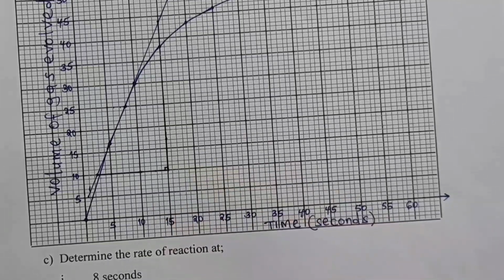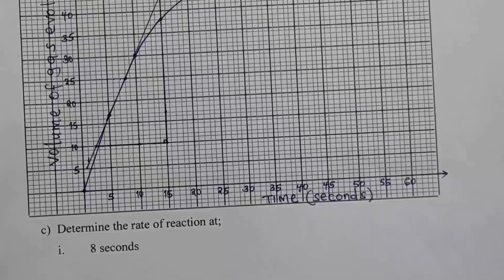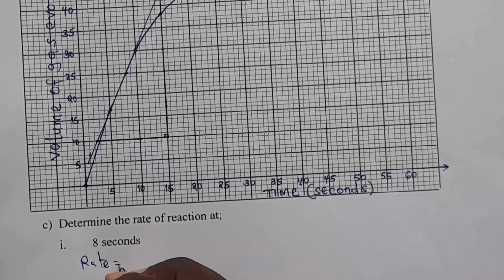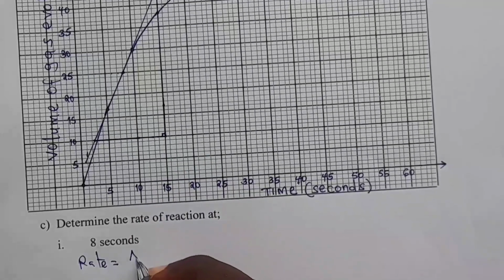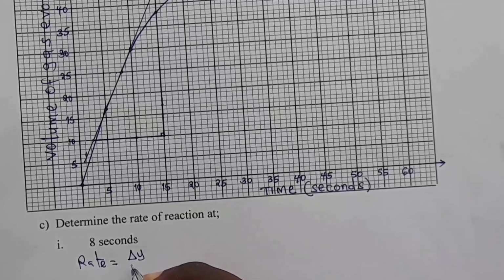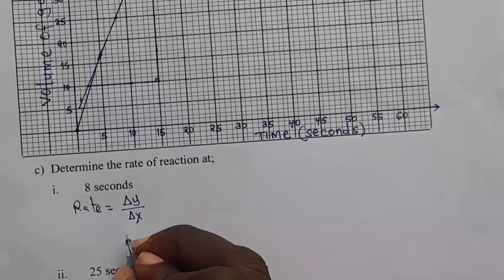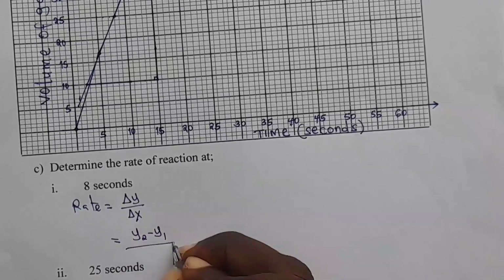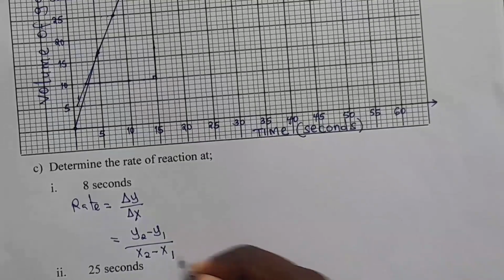This is the triangle. So how are we going to get the rate? The rate is given by calculating the gradient of that tangent, and gradient is given by change in y over change in x. That means change in y is y2 minus y1, divided by change in x, which is x2 minus x1.